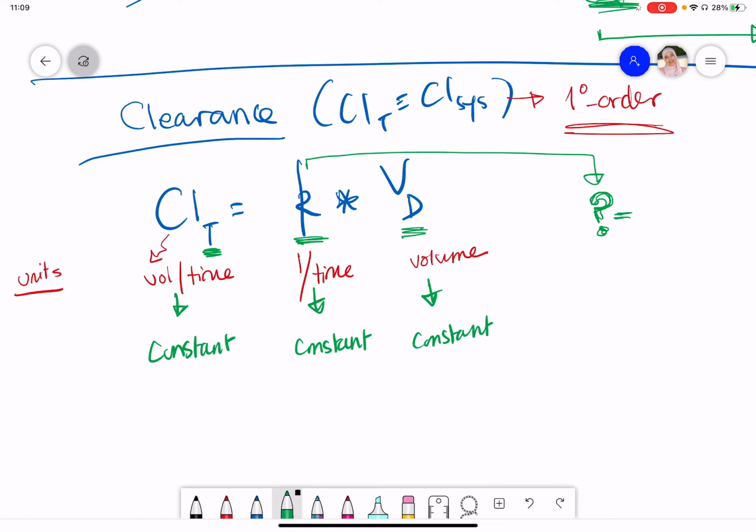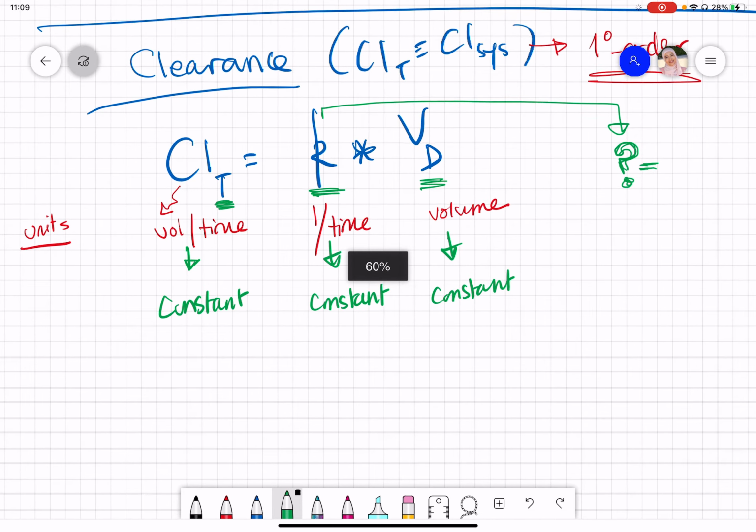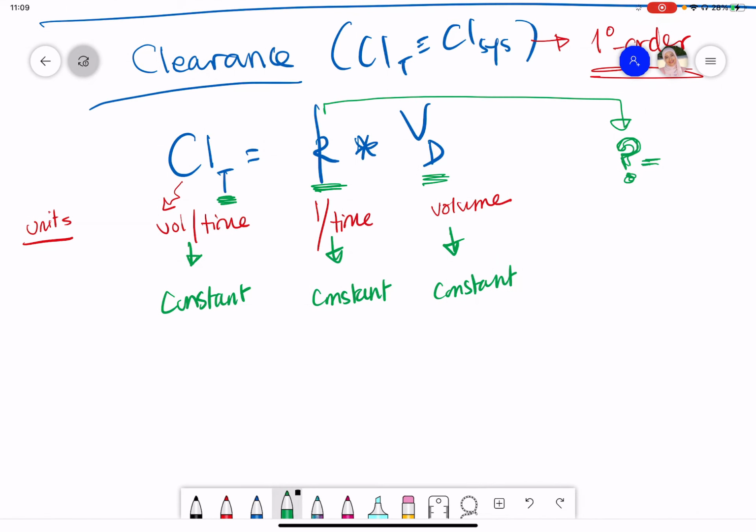Okay, so another way to define the clearance. Oh, before going into another equation, we need to emphasize one point: if this is total clearance, then this is the total elimination rate constant.